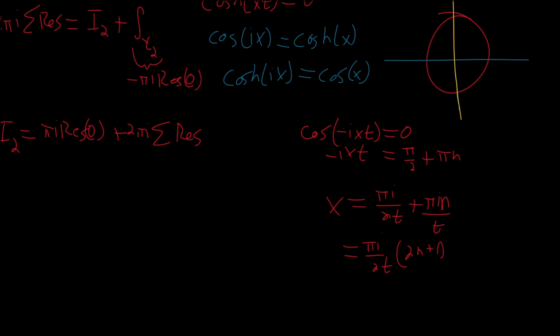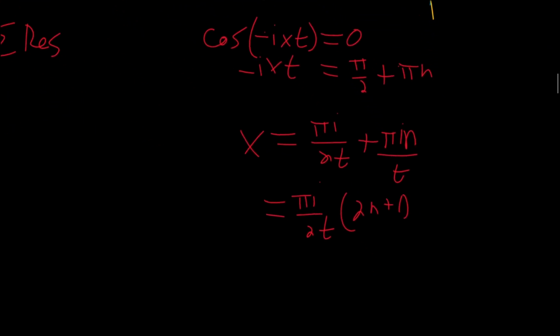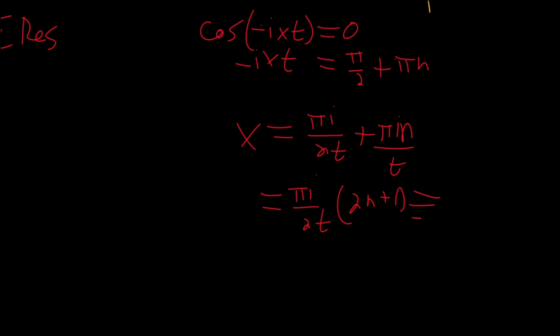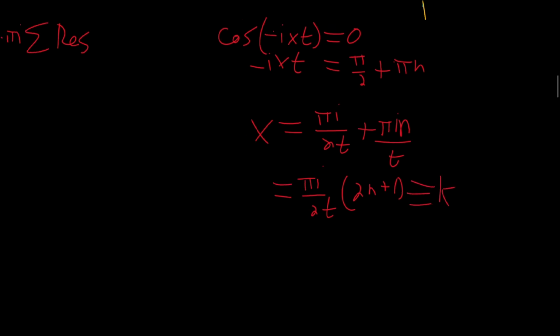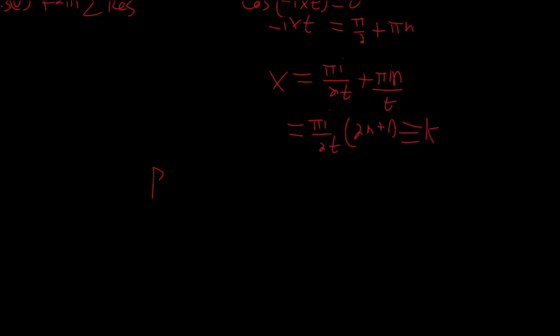So the question arises, what on earth are our actual residues? For the sake of brevity, I am just going to call this k. Our residue at any k is just the limit as x approaches k. The term with the factorial is just 1, and we're not going to have any order derivative because in the end, these are all simple poles.